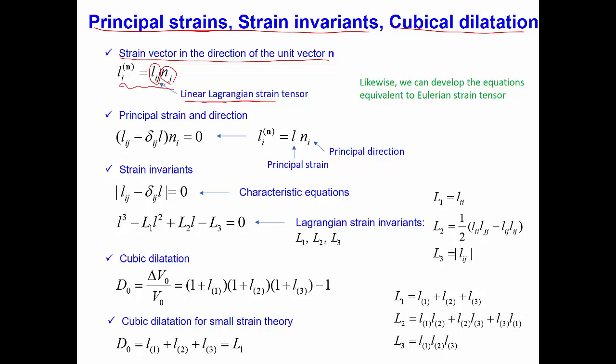If the direction of the strain vector coincides with the direction of the unit vector, the direction becomes the principal direction of the tensor, and its corresponding strain component in the same direction is defined as the principal strain. So the principal values and directions are calculated from this eigenvalue problem.